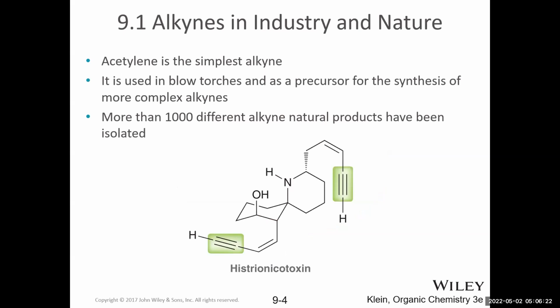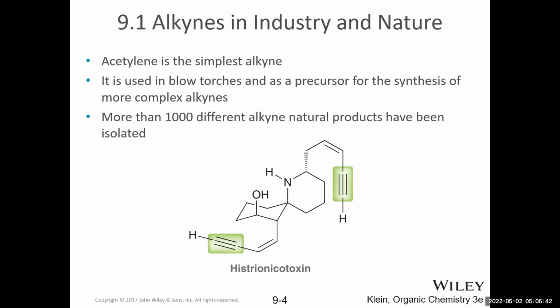Let's start off by talking about the simplest alkyne. The common name for it is acetylene, and it's also known as ethyne. Acetylene is just two carbons that are triple bonded to each other, and each carbon is also bonded to one hydrogen.